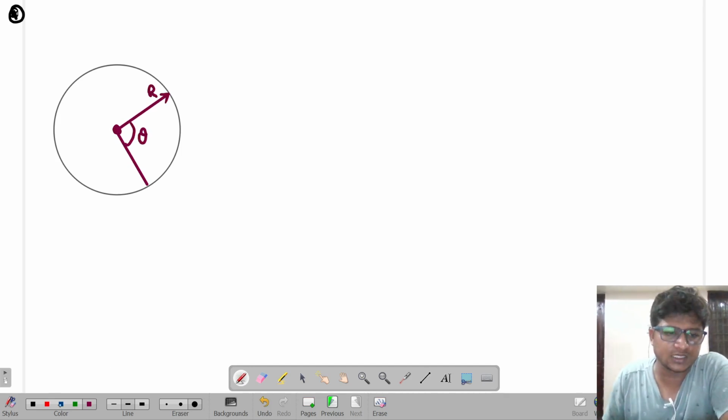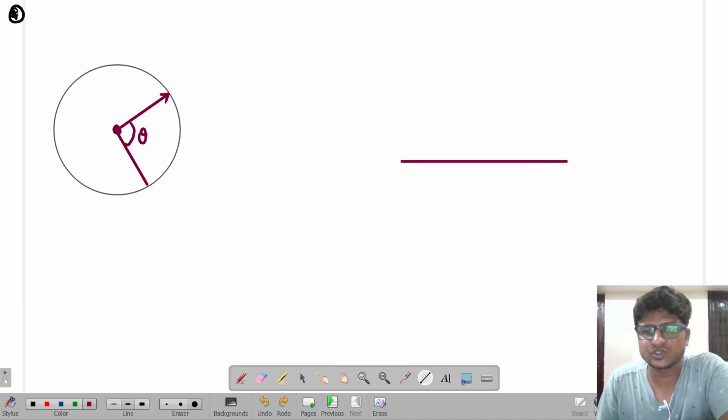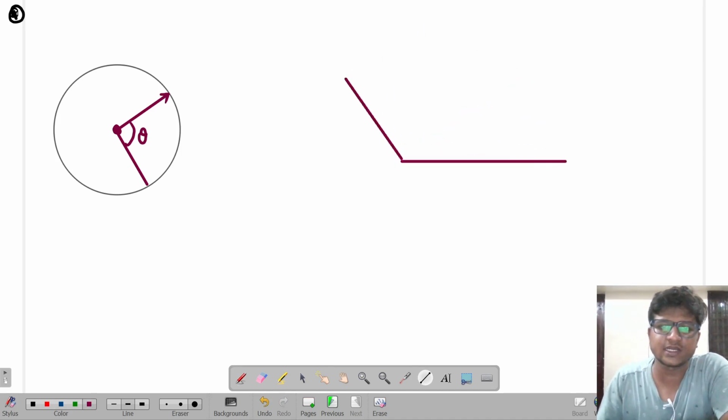Now think of one case, if this whole circle is rotated in one full revolution, the angle subtended at the center will be how much? Imagine, let's suppose this is a straight line and I started with another straight line over here. If I rotate it this way, how much am I subtending? 360.